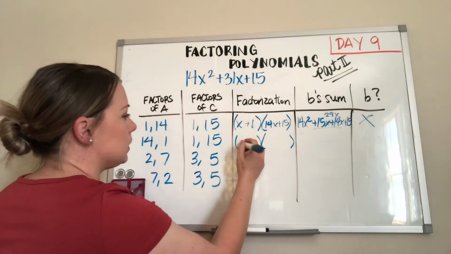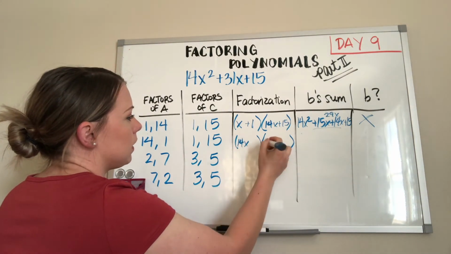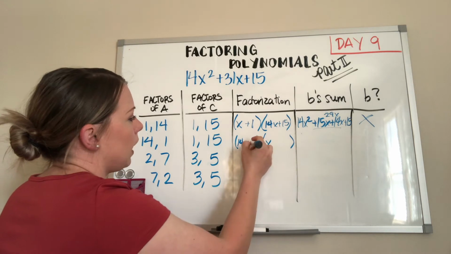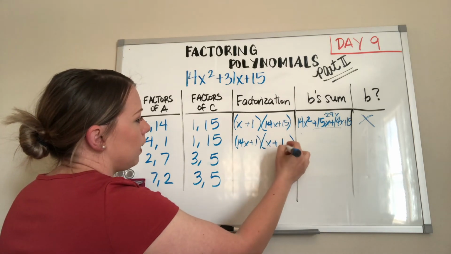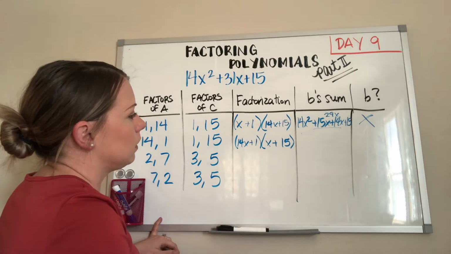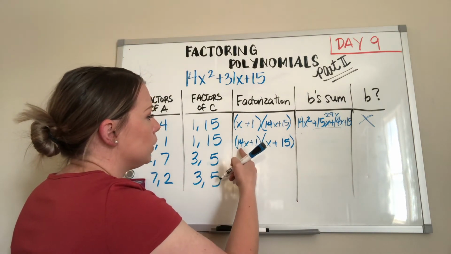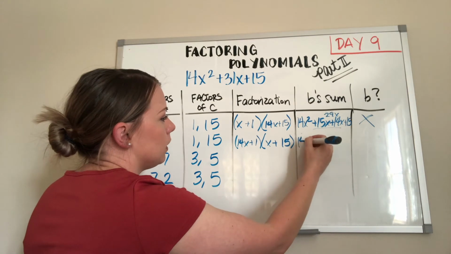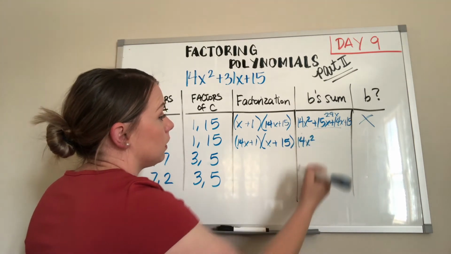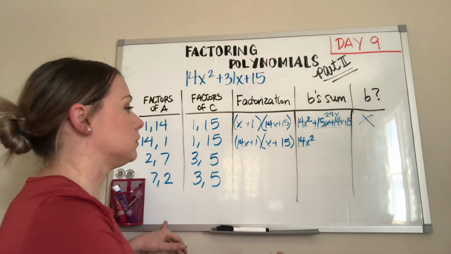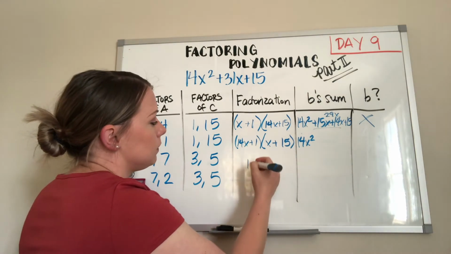So I have 14x, and then I have 1x. I have positive 1, and then I have positive 15. So I have 14x squared, and then I'm going to have a big number. So we have 14 times 15.